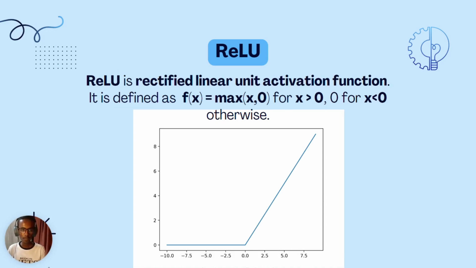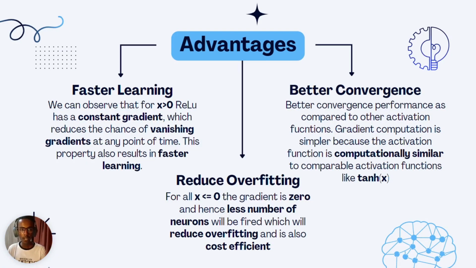So as you can see from the picture, for negative values, we have the output as 0, and for values greater than 0, it's going to have a linear relationship, and this has some advantages, and we're going to discuss them now.